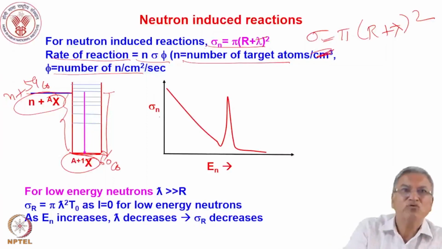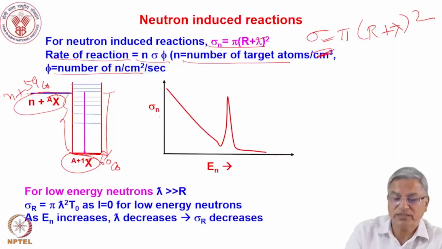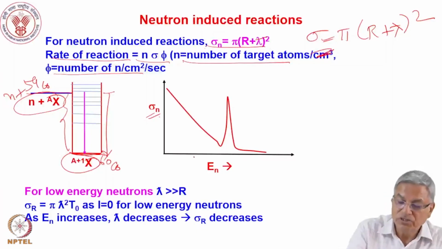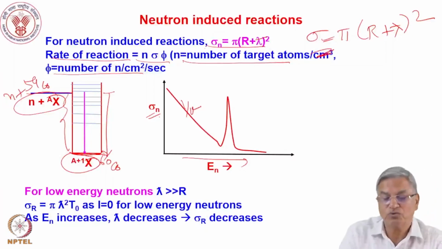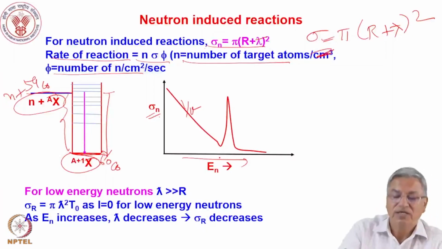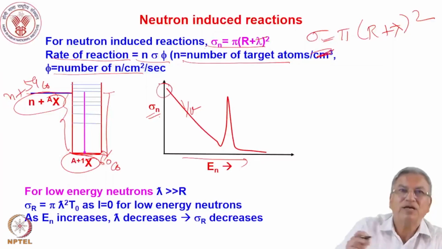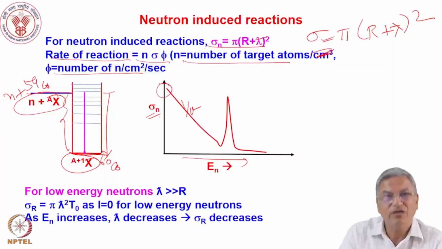The cross section for such neutron-induced reactions, you can see here, σ_n decreases with increasing energy of the neutron. In fact, it is called the 1/v law, where v is the velocity of the neutron. So for neutron-induced reactions, low energy neutrons have the highest cross section. I will be explaining this very soon.